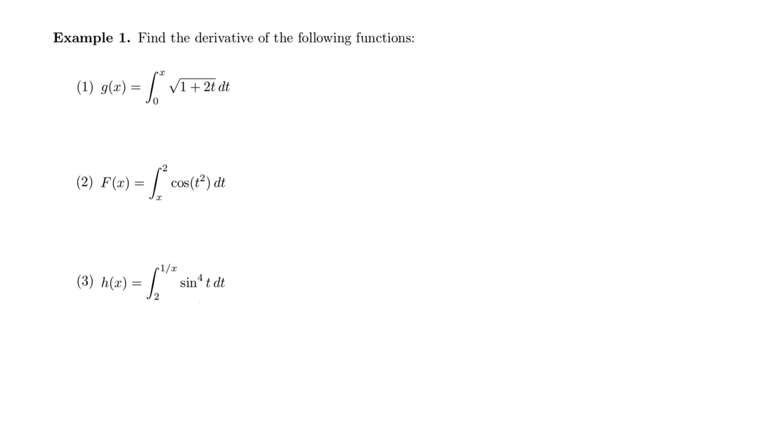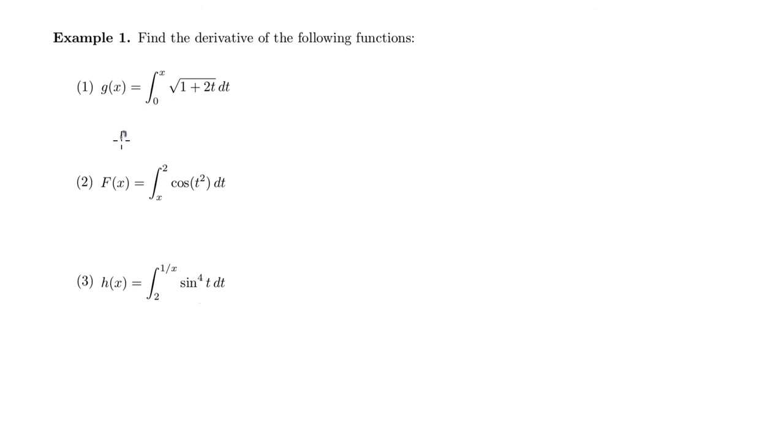All right, so here we have some functions. Notice that these functions are defined in the way consistent with what we talked about with the fundamental theorem of calculus, part 1. And so in other words, they're defined to be, well, at least to look like antiderivatives of the integrand functions. So this first function, g of x, notice that by the fundamental theorem of calculus, part 1, g of x is really defined to be an antiderivative of square root of 1 plus 2x.